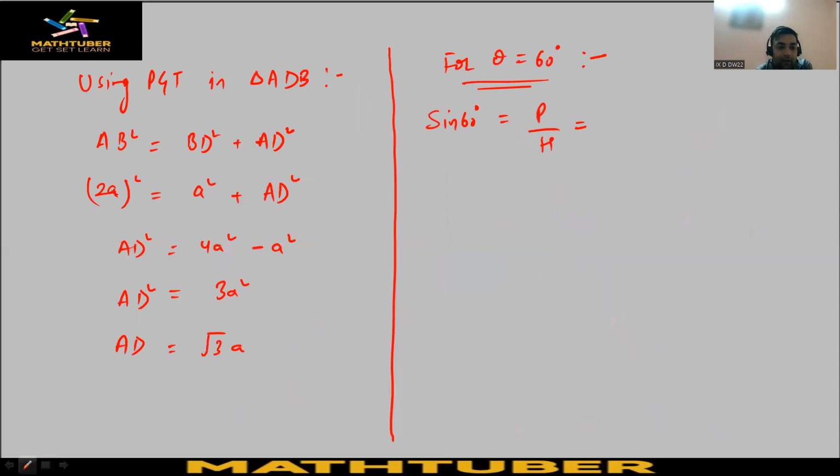So perpendicular will be root 3A and hypotenuse will be 2A. So the value of sine 60 degree is root 3 by 2.